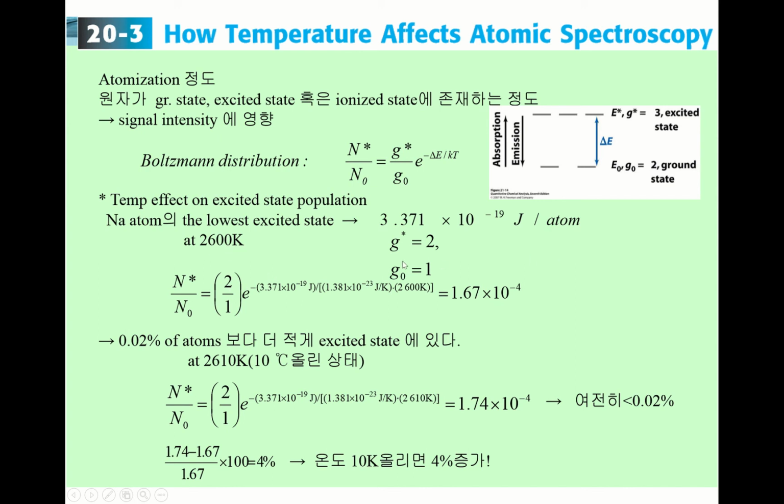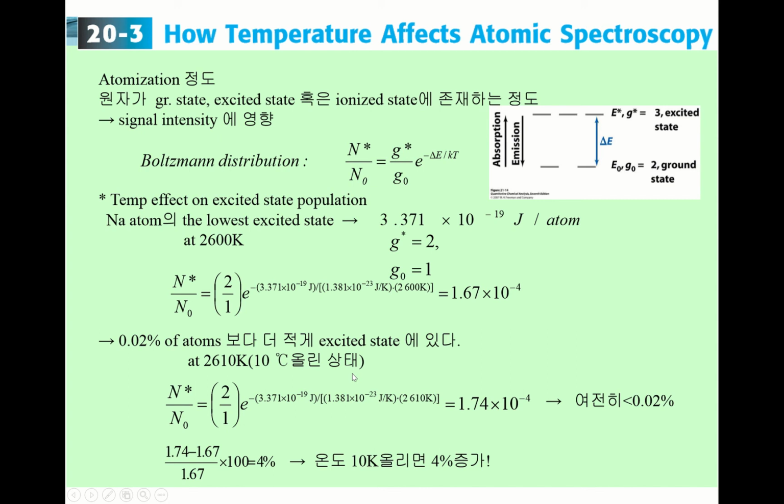In this case, G star is 2 and G0 is 1. So what is the ratio between the excited and ground state population? Using this Boltzmann distribution, we get 1.67 times 10 to the minus 4. This is quite a small number, less than 0.02%.